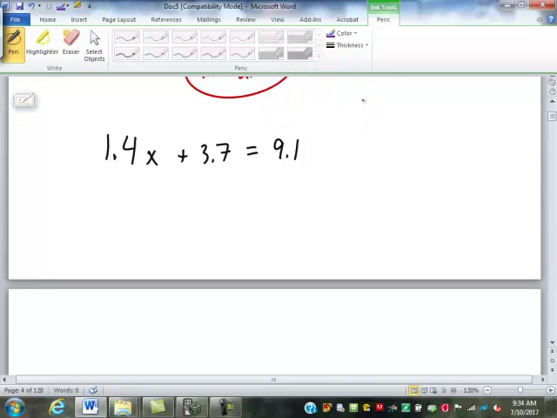So then in an equation like this, what would we have to do? Subtract the 3.7. We're going to subtract 3.7. So 1.4x equals 5.4, right?